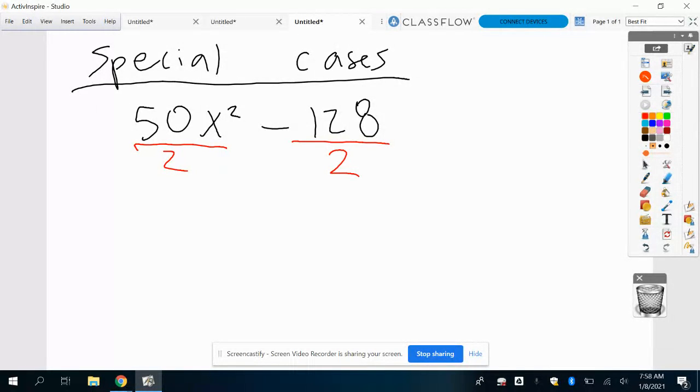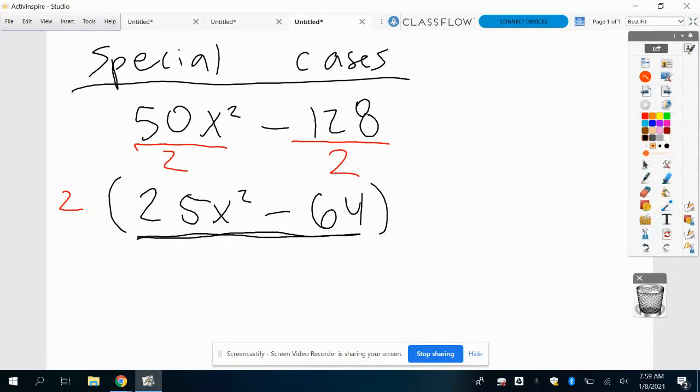Remember, when you pull out the GCF, it stays out front. So we have that 2 that stays out front. Inside our parentheses are going to be 50x squared divided by 2, which is 25x squared, and then 128 divided by 2, which is 64. Now, if you notice, inside the parentheses we have a difference of squares, or a special case. So we keep the 2 out front, and you need to find the square root of each of these.